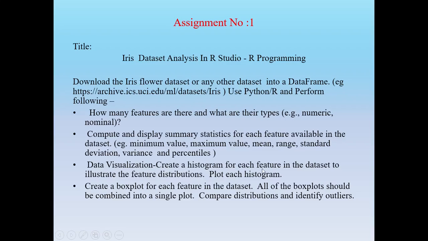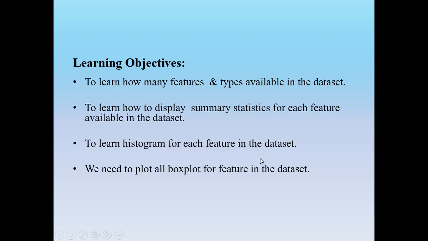Create a histogram for each feature in the dataset to illustrate the feature distributions, and plot each histogram. Fourth, create a box plot for each feature in the dataset. All of the box plots should be combined into a single plot to compare the distributions and identify the outliers. This is the problem statement of Data Analytics Assignment 1.